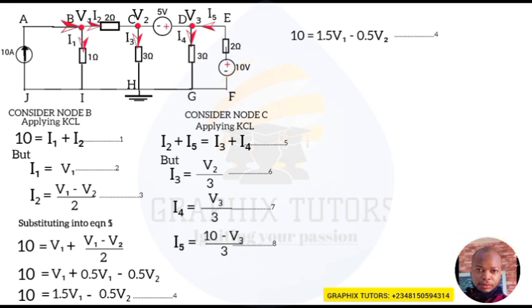So let's see, we know this is my equation 5, I2 plus I5 equals I3 plus I4. So instead of writing I2, I'll put the value of I2, which is V1 minus V2 all over 2, plus, instead of writing I5, I'll put in the value of I5, which is 10 minus V3 all over 2, equals, instead of writing I3, I'll put the value of I3, which is V2 all over 3, plus, when we're writing I4, I'll put the value of I4, which is V3 over 3.